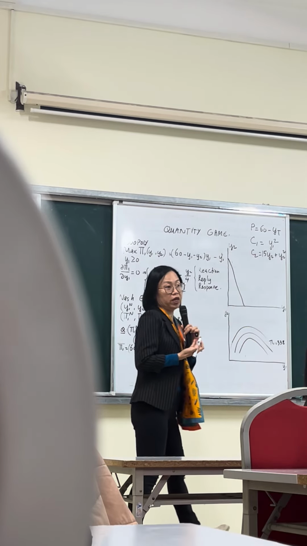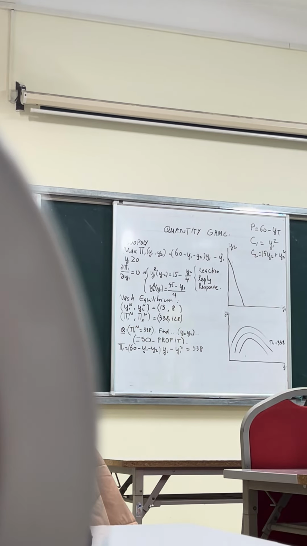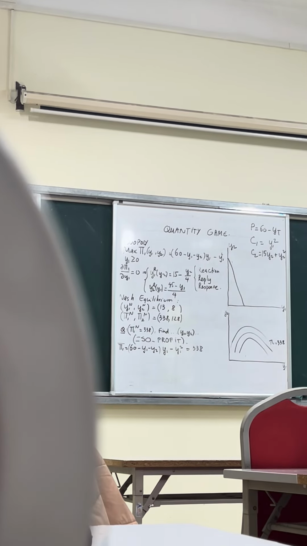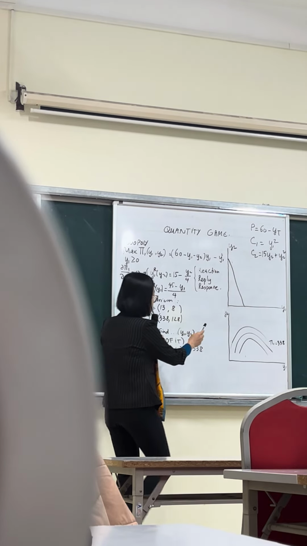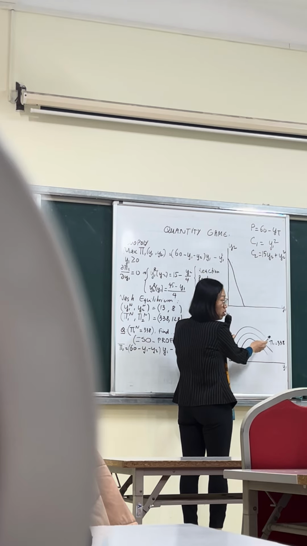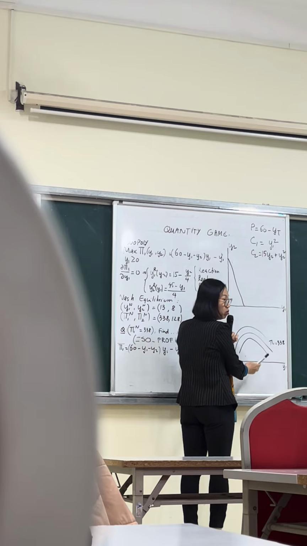And you tell me, assuming that instead of 338, now I have a higher profit of 350, which graph does it correspond to, the higher one or the lower one? Higher, I mean here. Lower, I mean here. So this is 338. So is 350 going to be up or down?